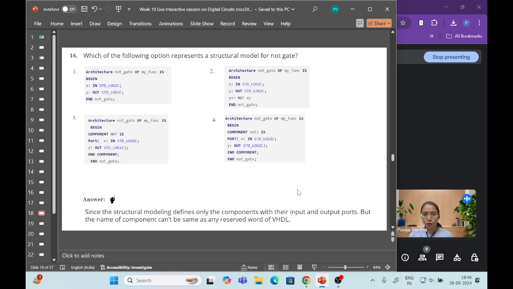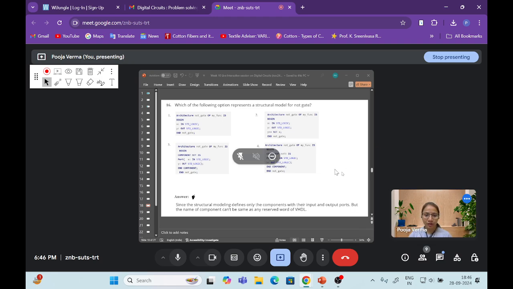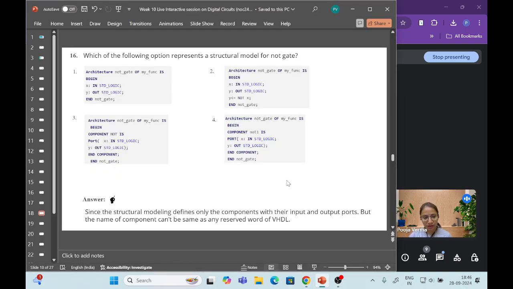So what will be the structural modeling? Structural modeling defines only the components with their input and output ports, but the name of the component can't be the same as a reserved word of VHDL. Yes, Dina, I have given some explanation here.